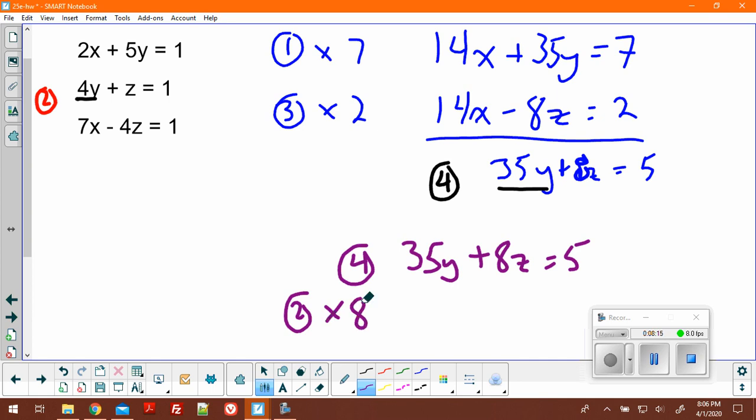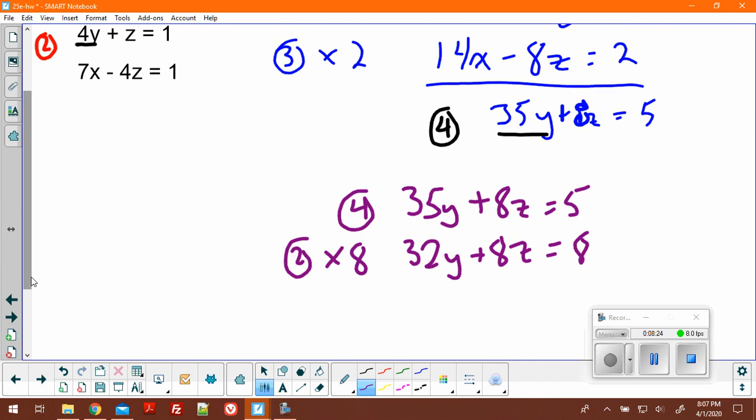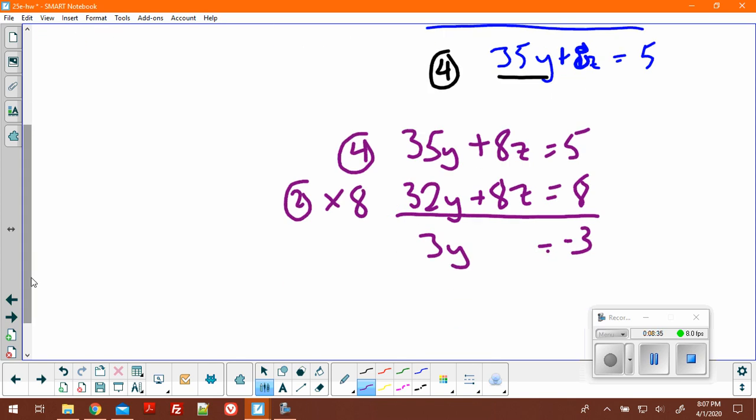So 32y plus 8z is equal to 8. Okay, so y is equal to, I have 3y, no z, negative 3. So that means y is equal to negative 1.